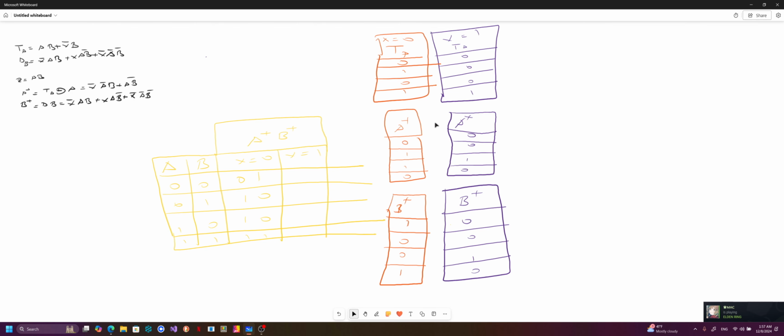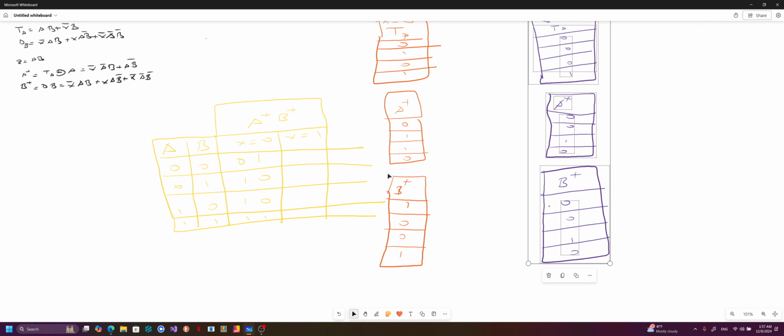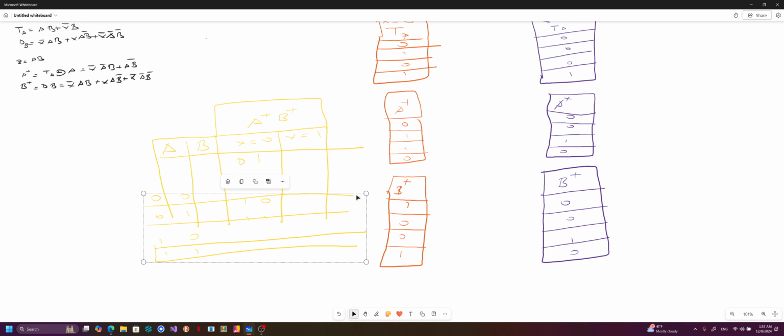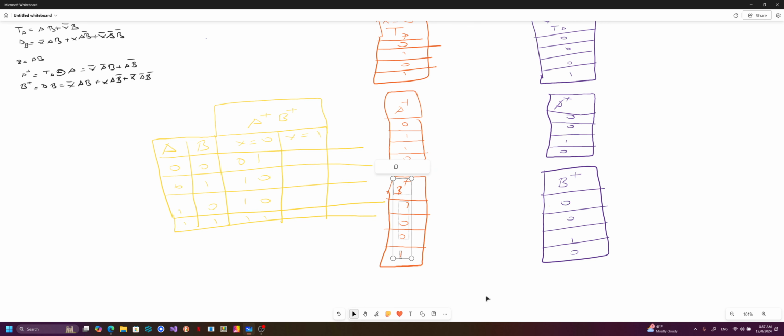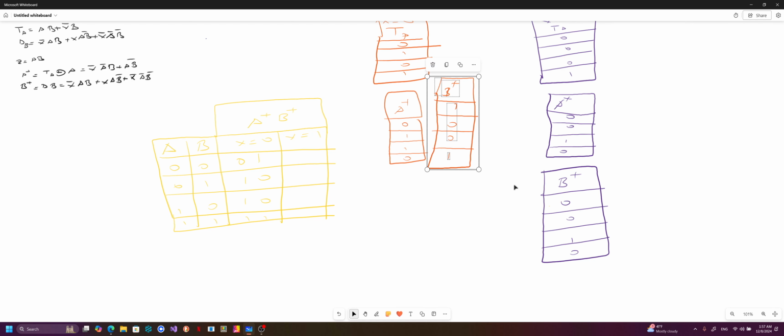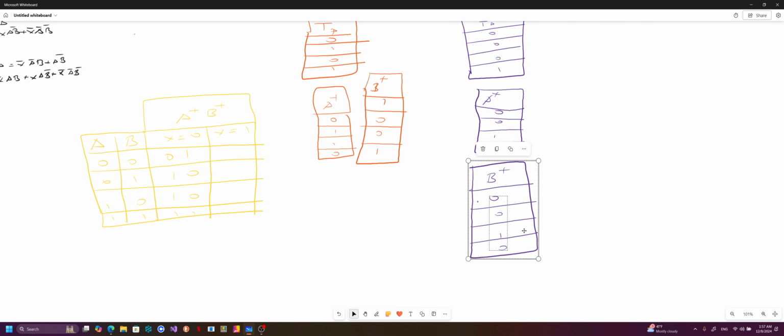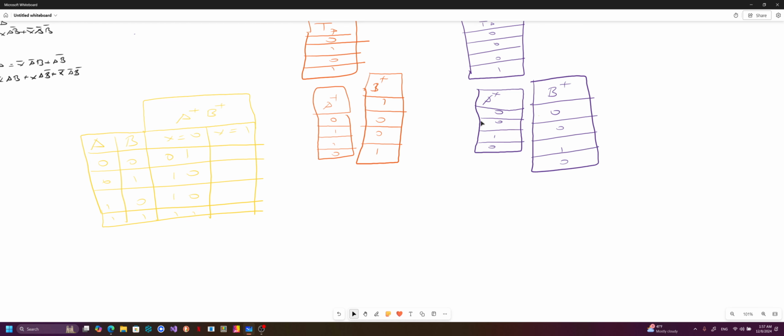So let's actually do this so you guys can see it better. Let's take those. We need to delete this part a little bit so we can grab it. Yep, let's take this like this and do the same for this so you guys can see it better.